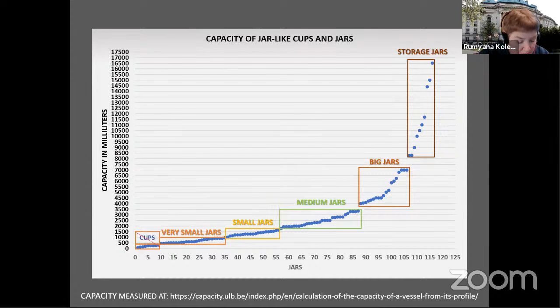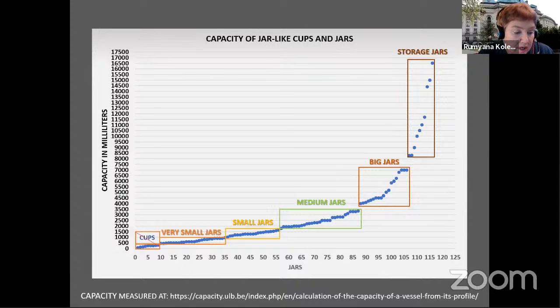Medium jars have a capacity between 1800 and 3500 milliliters. They are most numerous, and as shown from the Brzezno experiment and the modern cooking sets, such jars are best suited for preparing meals in quantities needed for a family of 4 or 5.